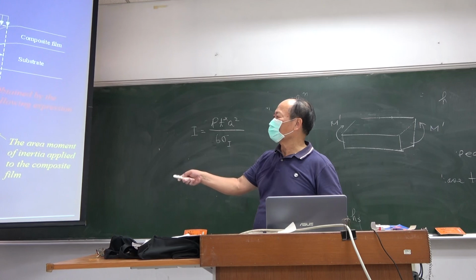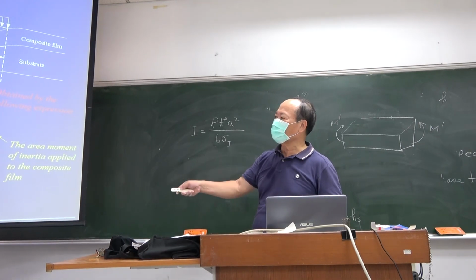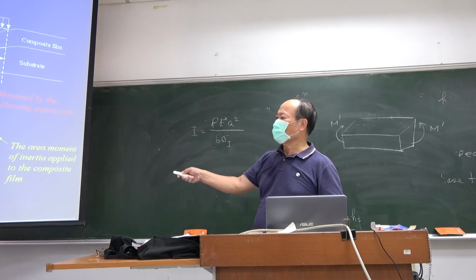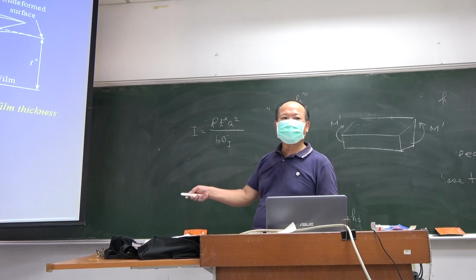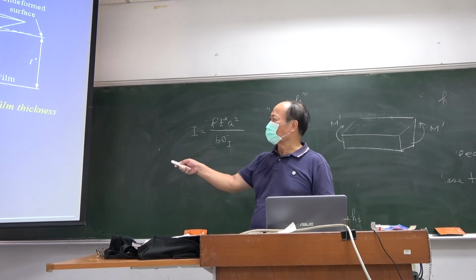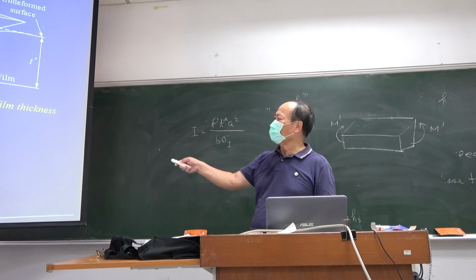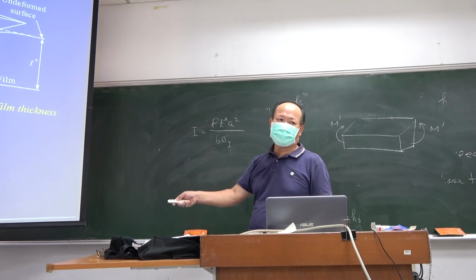Then you obtain the W maximum, just the maximum deflection in the center line, from this equation. Then you obtain this equation. Okay. All right. So the maximum deflection in the middle line, in the center line, we have this value. This value is just our HC.